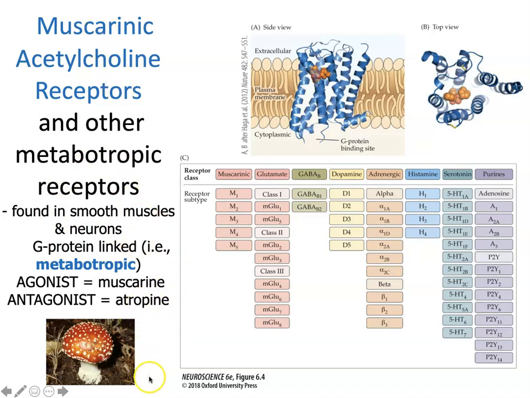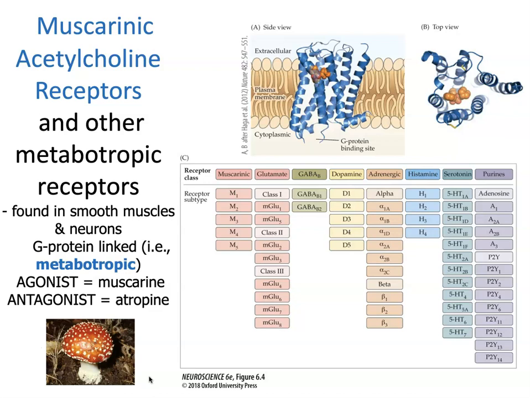And so, some important pharmacology that is useful for us, common drug use that interacts with these receptors.